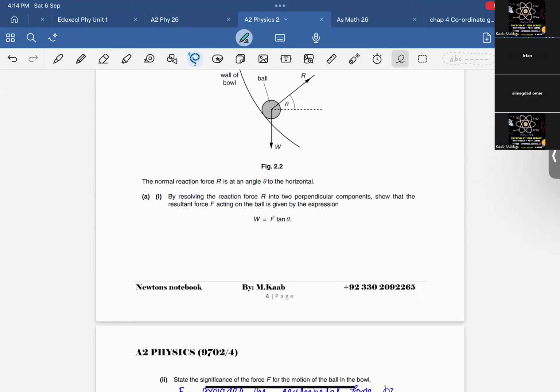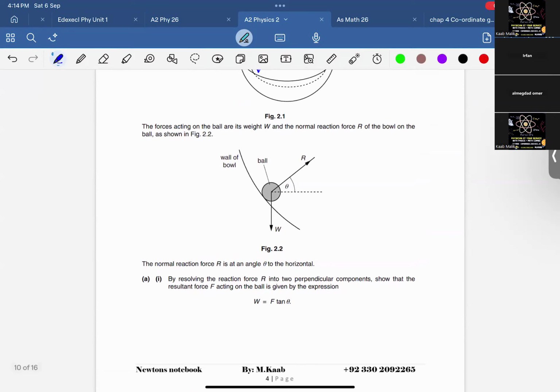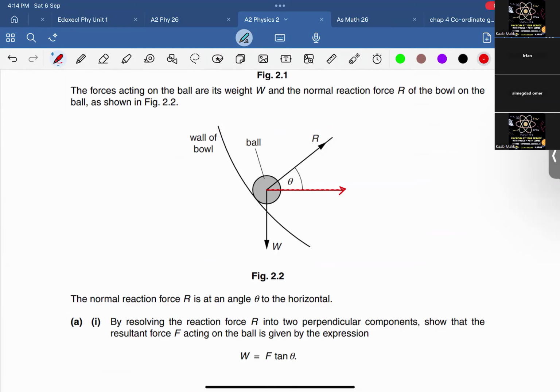So for that, you first have to resolve the reaction force R. You can resolve it by making two components, the first in this direction. Which component would that be, the cos or the sine? Cos. Very good. R cos theta, and that one should be R sine theta.